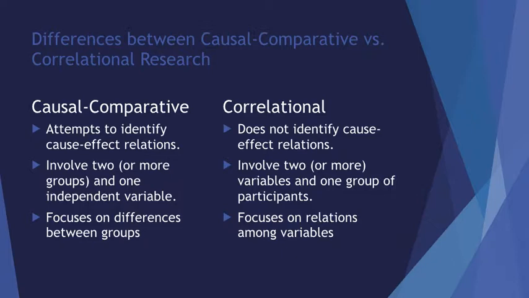With correlational, it does not even try to identify cause and effect relations. It involves 2 or more variables in one group of participants. And finally, correlational focuses on the relations among variables.